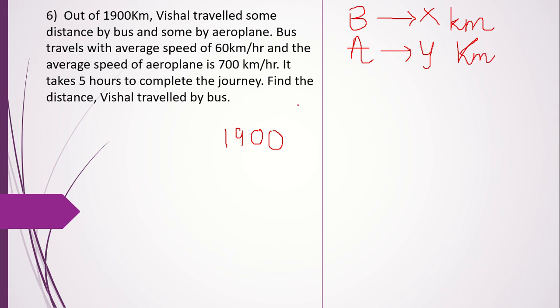Okay, so distance traveled by bus plus distance traveled by aeroplane, together how much distance he has traveled? 1900 kilometers. Okay, so by the first condition we get this. Distance traveled by bus we assumed x kilometers, distance traveled by aeroplane we assumed y kilometers. So together he has traveled 1900 kilometers.